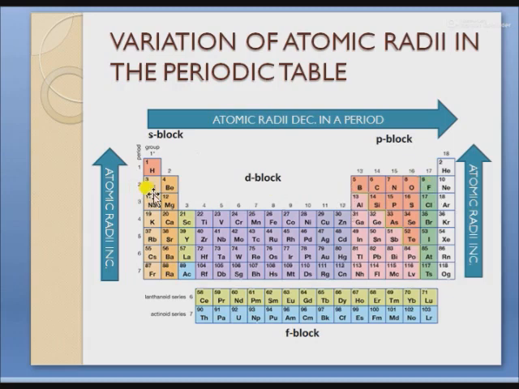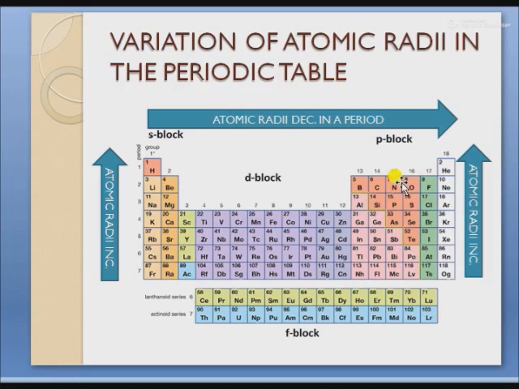However, in second period, the atomic size of nitrogen is smallest, and after that the size of oxygen increases, then the size of fluorine decreases. This is an exception in this period.